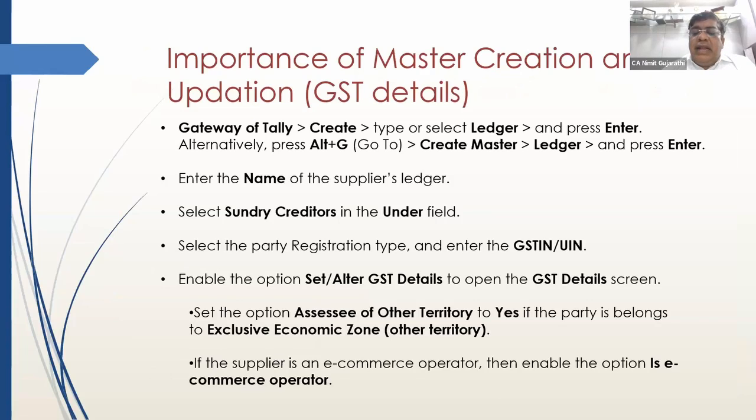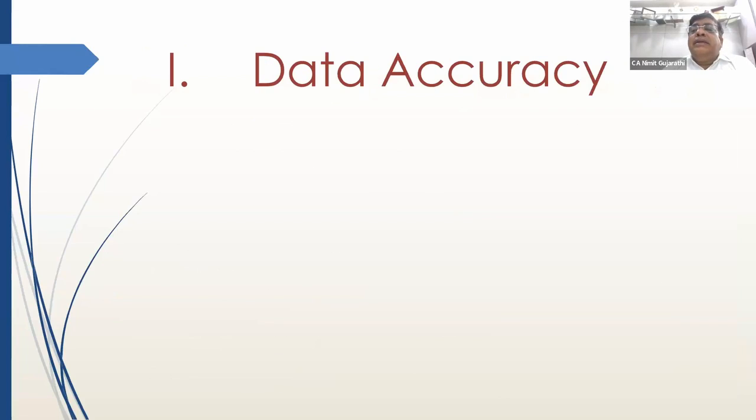For any data accuracy, especially in Tally, all of us know that over time, creation of master is the most important part, because that is the most controlling factor in any of the reports generated by the software. If your master is going wrong, then I don't think any of the reports thrown by Tally or any software will show a correct picture.